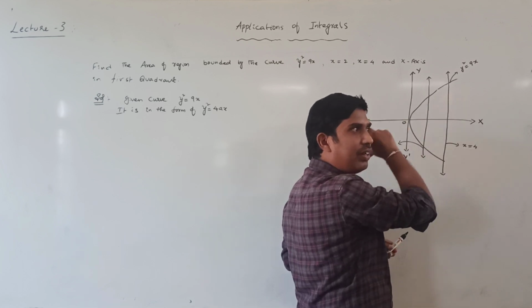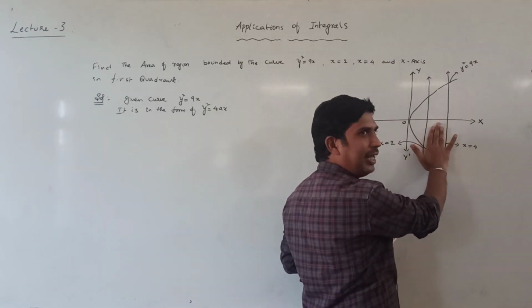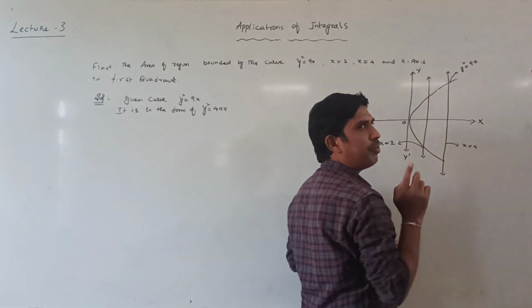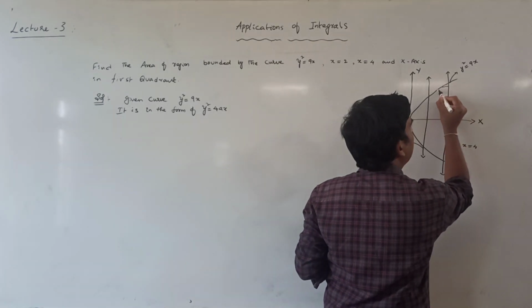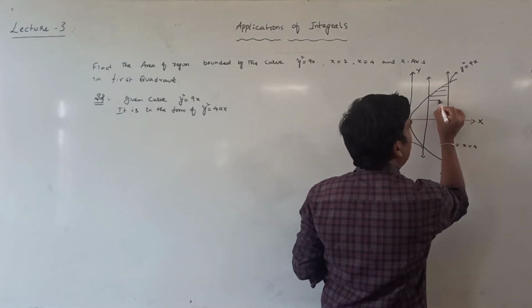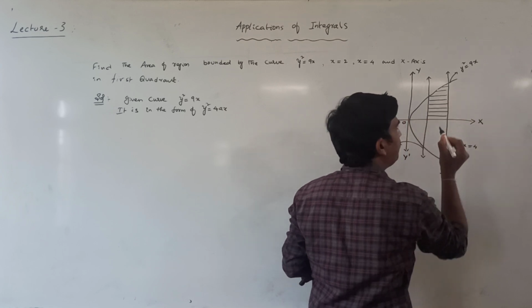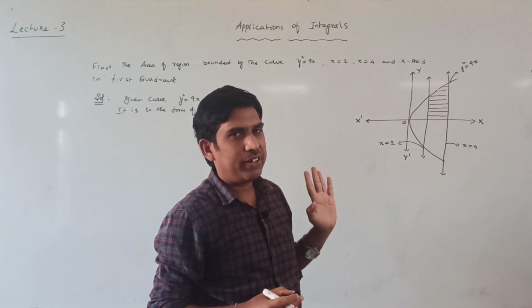But they gave first quadrant only, which means this part of the area is not needed, and just the first quadrant part we have to find out. So the first quadrant area should be shaded, and that is the required area we have to find.